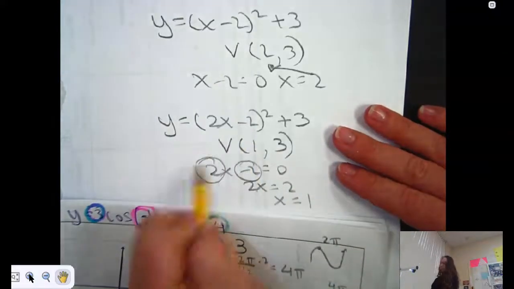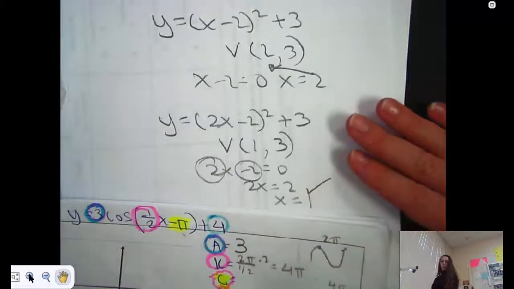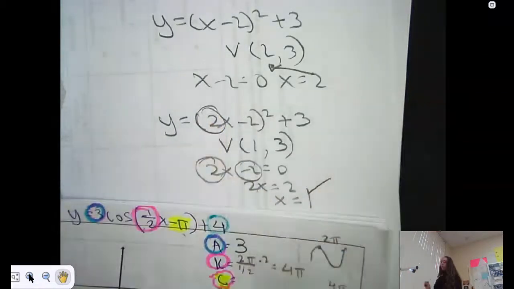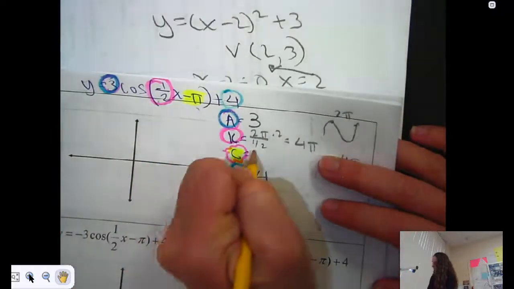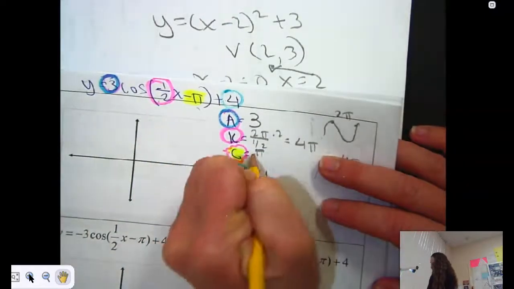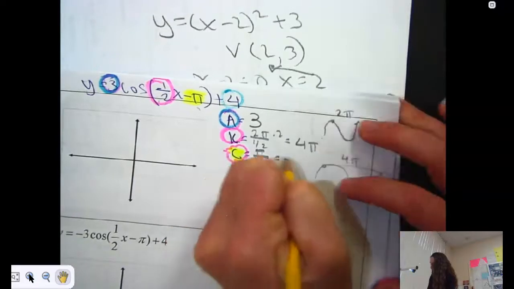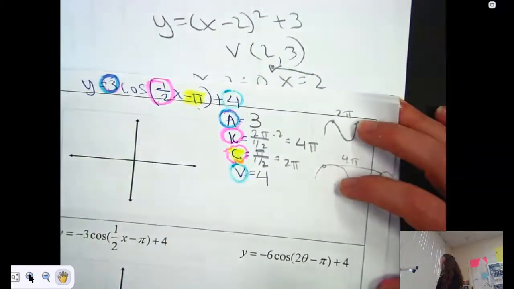This divided by this gives you that. This is actually a horizontal compression by a factor of 1/2. Okay? So that means for this, I'm going to go pi over 1/2, which means 2 pi. Okay?